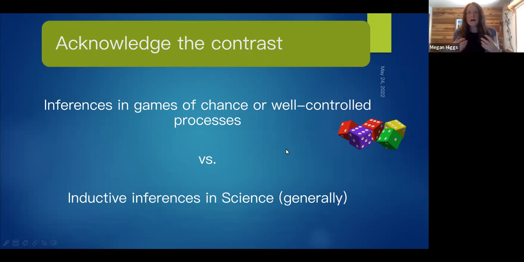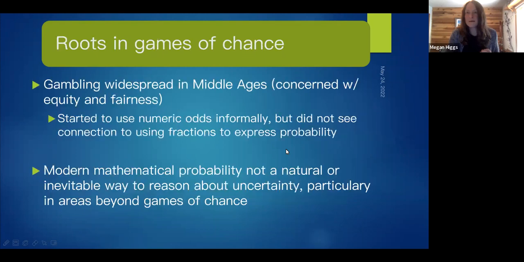How much can we really take the ideas and the math that come out of games of chance and apply them to real world problems to make scientific inferences? This is a huge leap that we don't really think about as huge today. But it took quite a while for us to get there, and it's not an agreed upon thing even at this point for those who think hard about it.